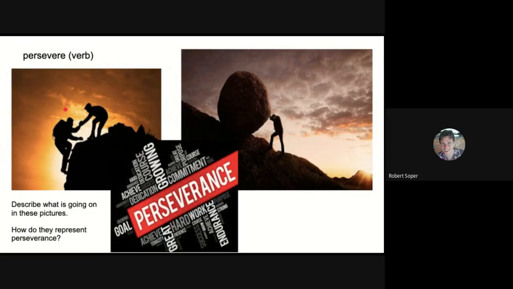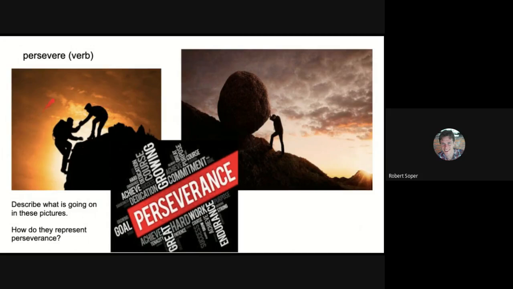Well, remember, perseverance is to keep trying to do something in a determined way. So that determination is not giving up, and that keep trying is not giving up. So remember, if you persevere, you keep trying. So here they're showing perseverance because they are trying to get up to the top of the mountain.